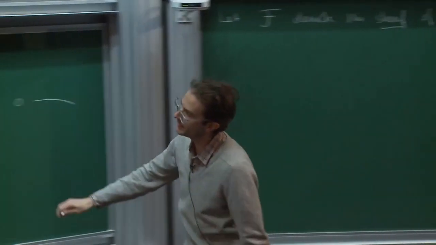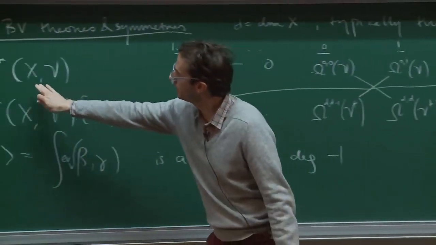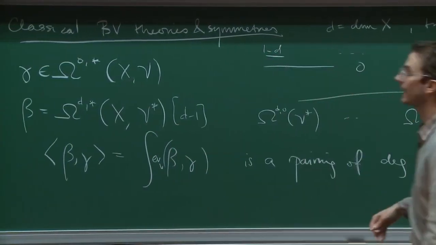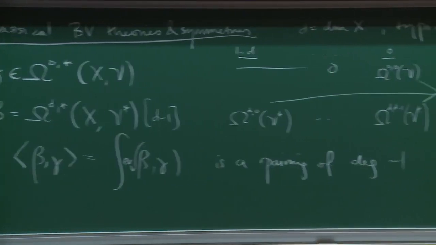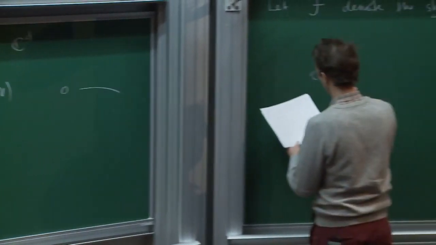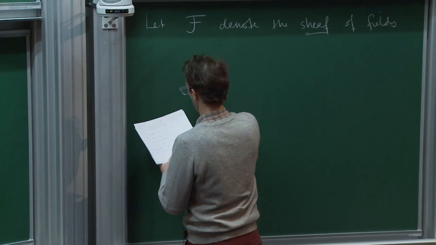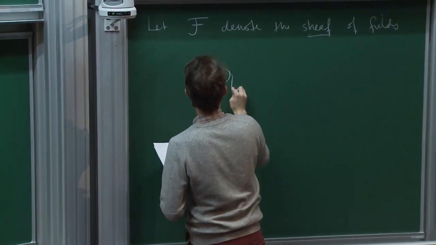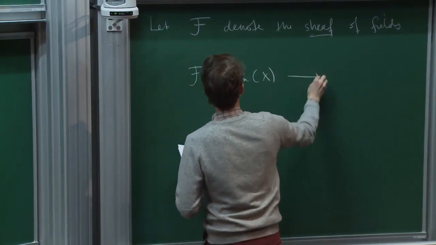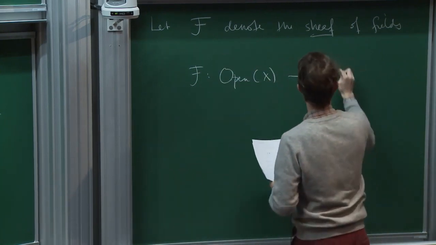So far, I've been talking about everything being on the whole space X, but of course, I could keep track of different opens in X and think about sections over a given open subset. So F will be a functor from opens on X to, in this case, chain complexes.